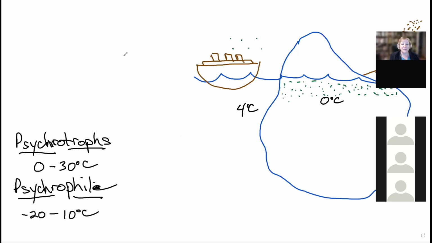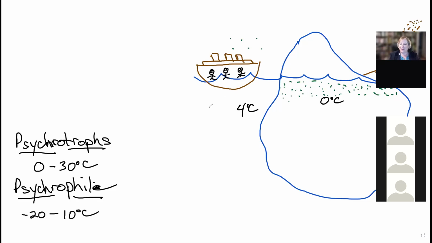Okay, now we humans, I'm going to go ahead and put a person here in my ship, okay? Now let's say that we have an outbreak of, say, gastrointestinal distress, and because we're microbiologists studying these microbes in Antarctica, we want to find out what's causing a problem with our crew and our researchers, okay?